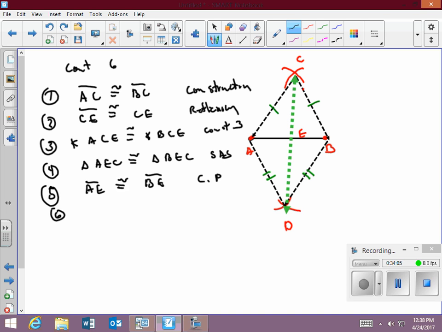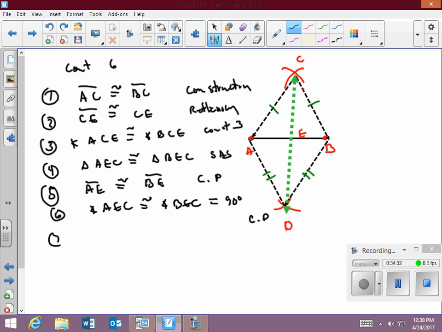I guess I'm going to go through that same kind of thing. Angle AEC is congruent to angle BEC, and I'm just going to say equal to 90 degrees as corresponding parts.